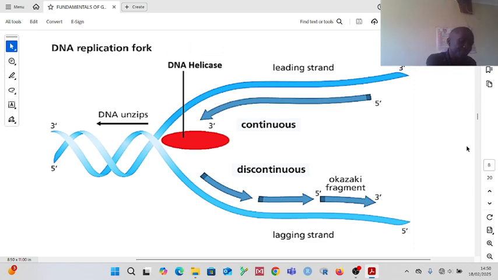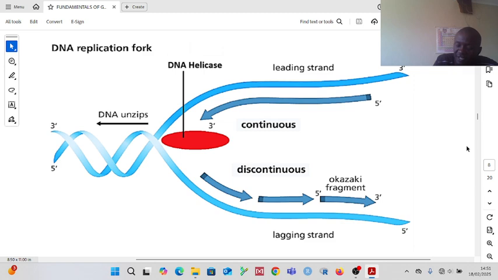So let's assume that the initial DNA strand, which was double-stranded, had A, T, C, G, A, C, T, A, T, G. This will be 5' where A is and 3' where G is. Please, at this point, write down this sequence. It will help you to understand.